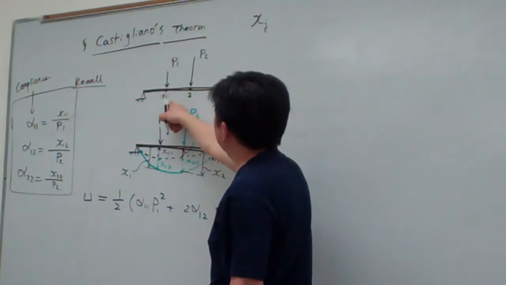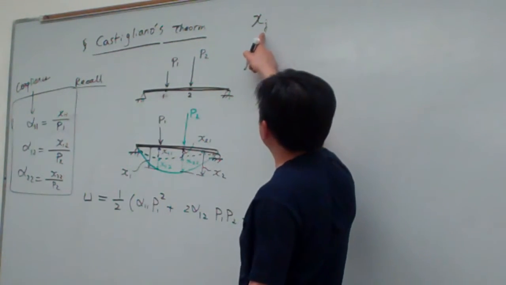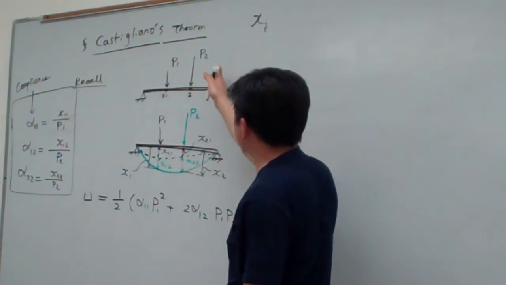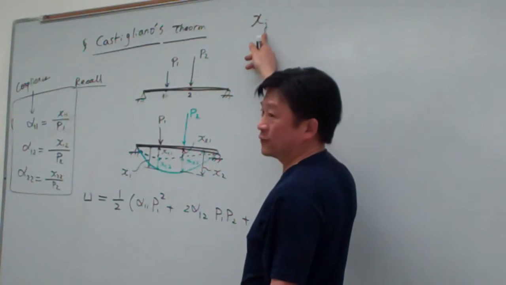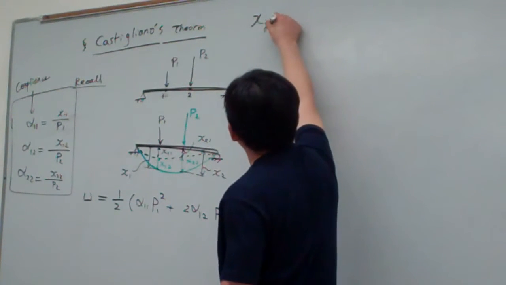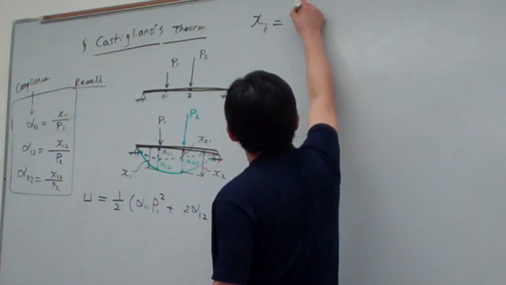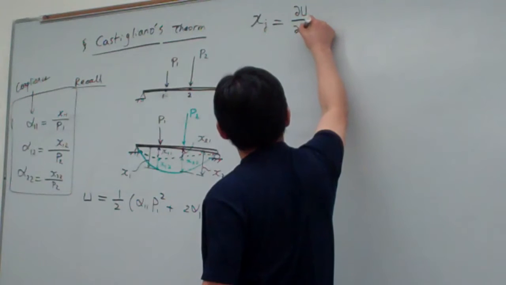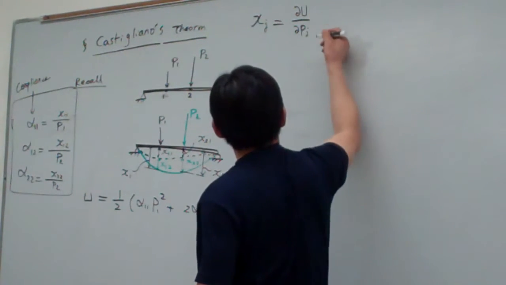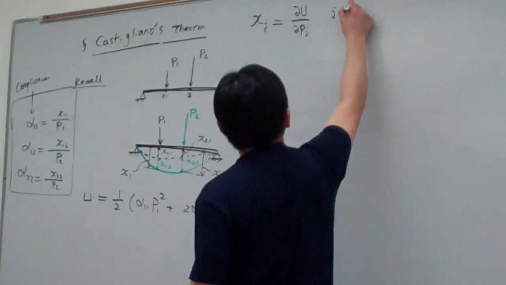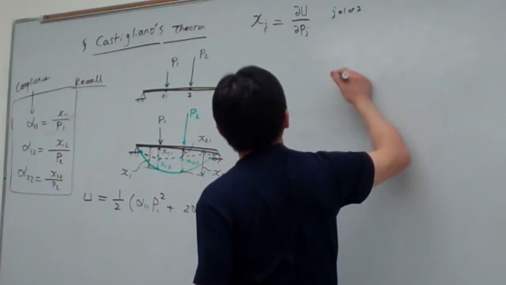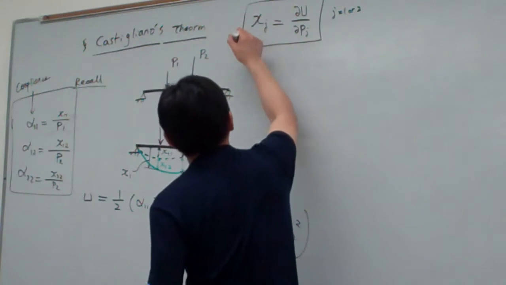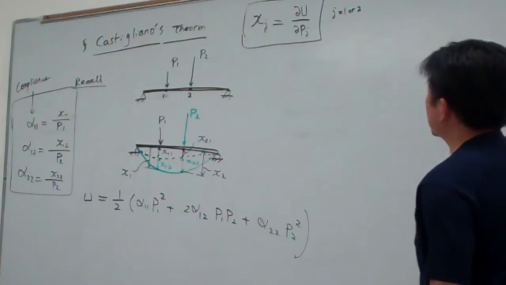Here we have two loadings, so we only have two places. If we have three loadings, then j equals 1, 2, 3. This can be calculated by the derivative of U with respect to Pj. So that is what the theorem mentions.